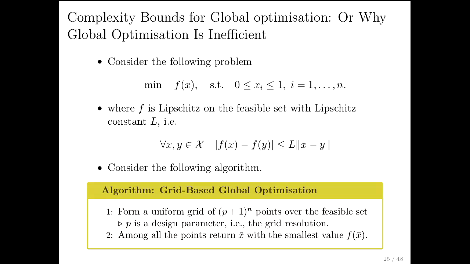If I now go and uniformly partition this cube into all these grid points, so I partition each dimension to p plus 1 points, there are n dimensions, I end up with (p plus 1) to the power n different points, right? So I sliced everything, put points everywhere.